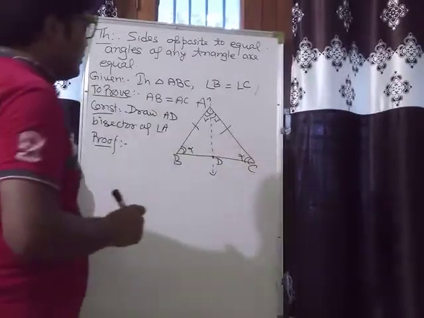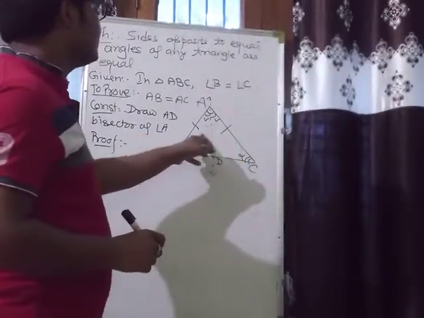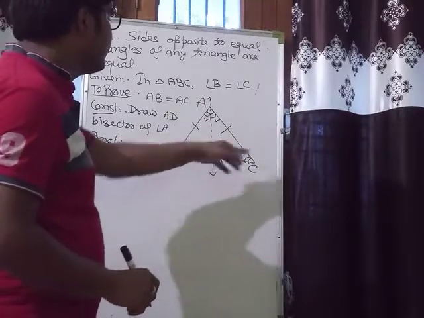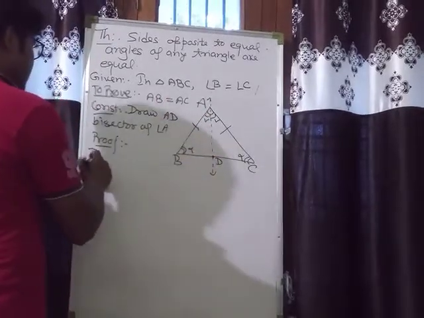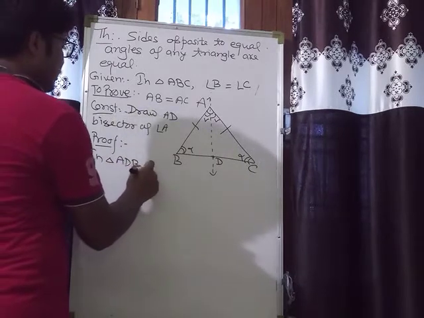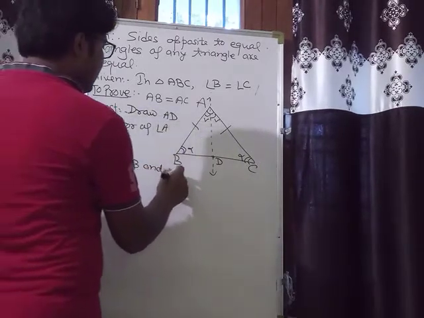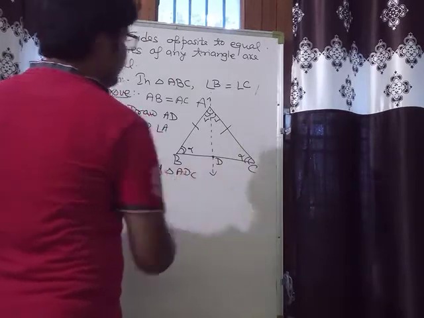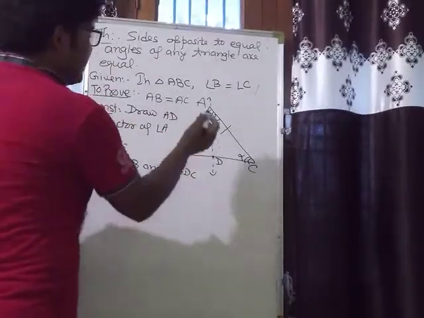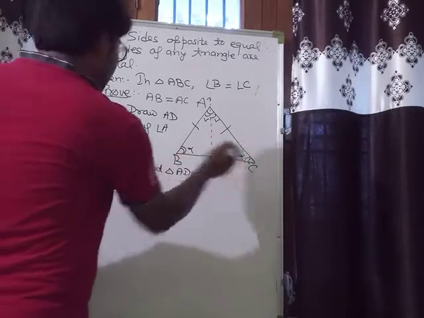See, in these two triangles, consider there are the two triangles ADB and ADC. In triangle ADB and triangle ADC, you can see this angle B and angle C are equal.